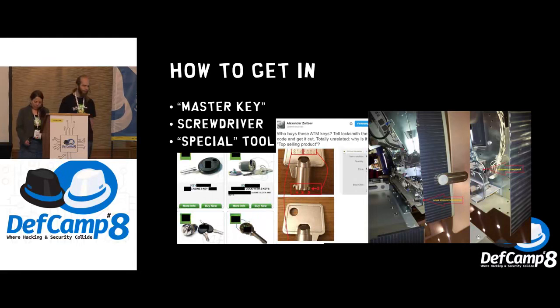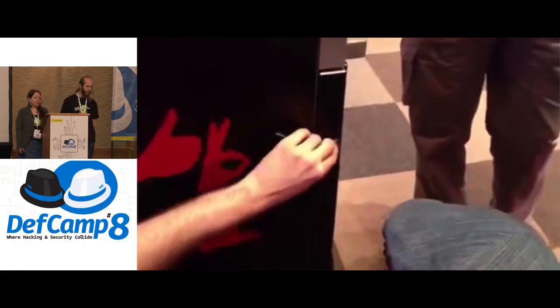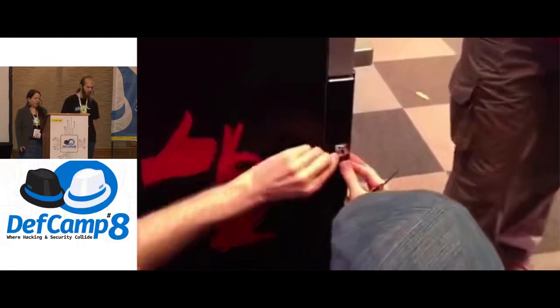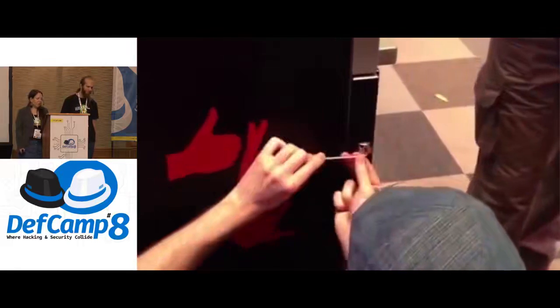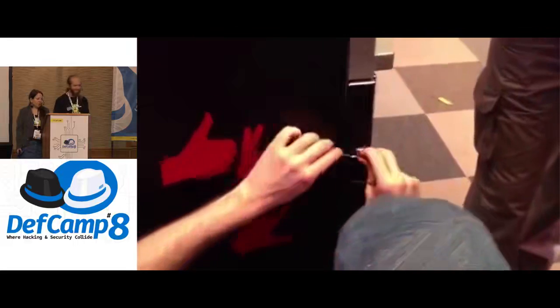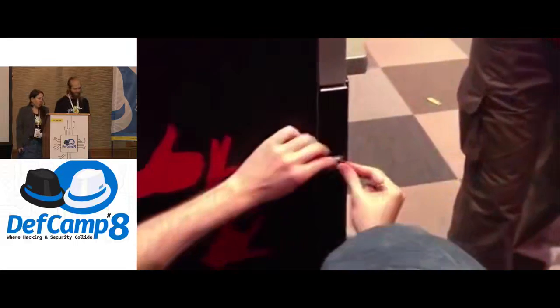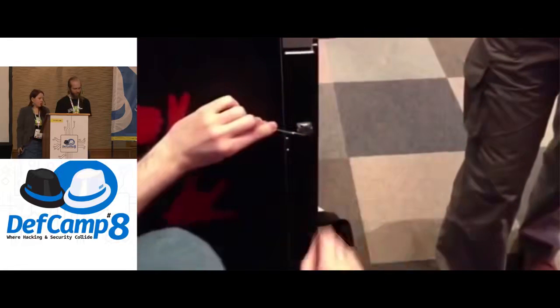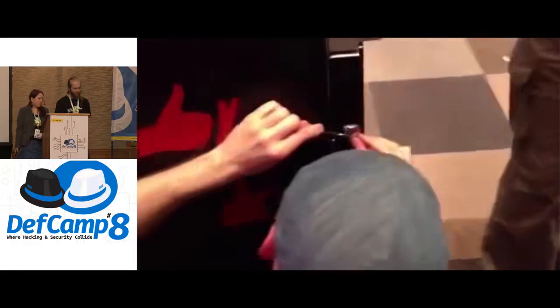And of course, one more thing: other guys might use very special tools to open the door without any keys, and it takes about 40 or 50 seconds to open the door.